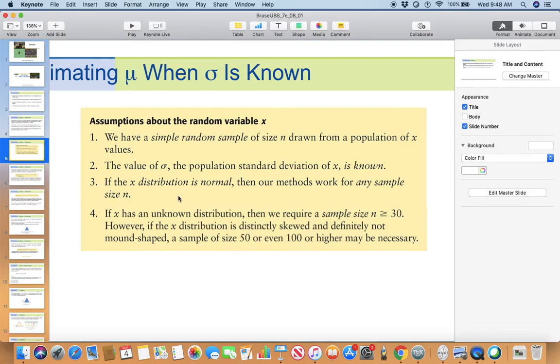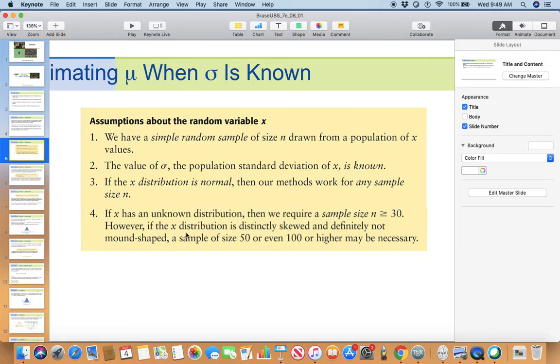Here is another very important assumption. We assume that our population random variable x has a normal distribution. If it is normal, then the methods work for any sample size. If it is an unknown distribution, so we don't know x has a normal distribution, then we require the sample size to be at least 30, greater than or equal to 30, meaning 30 or more.